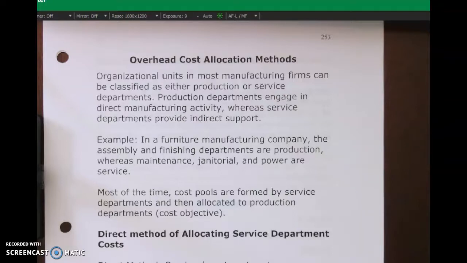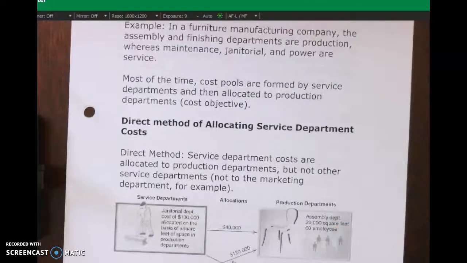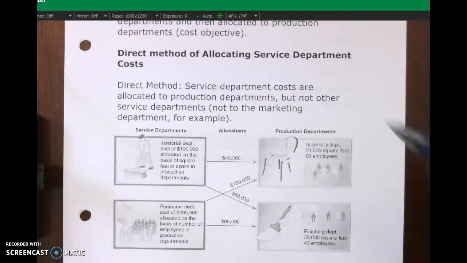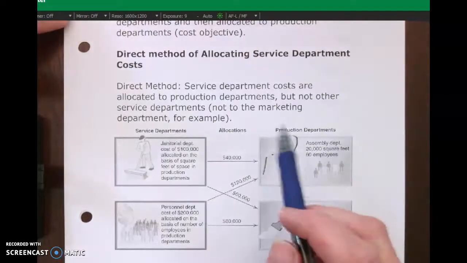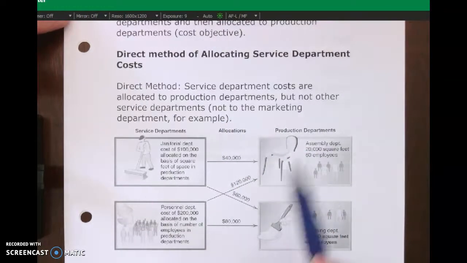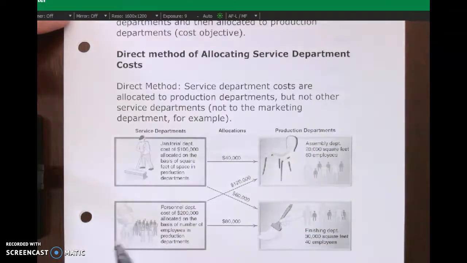If we look down here at this little diagram, it shows visually what I was just talking about. We have our service department. Service department costs are allocated to production departments. Remember, service departments are support functions, but not other service departments.